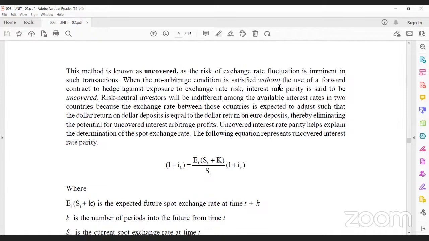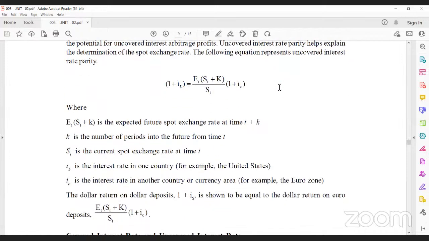This uncovered interest rate parity enables one to understand and explain the determination of the spot exchange rate. And to calculate this spot exchange rate, the following equation is used, wherein E of T, ST plus K is the expected future spot exchange rate.